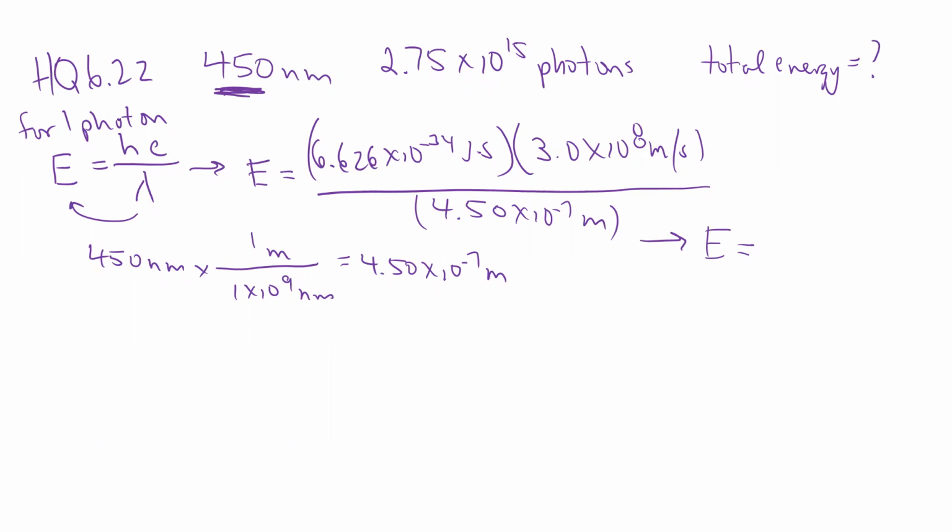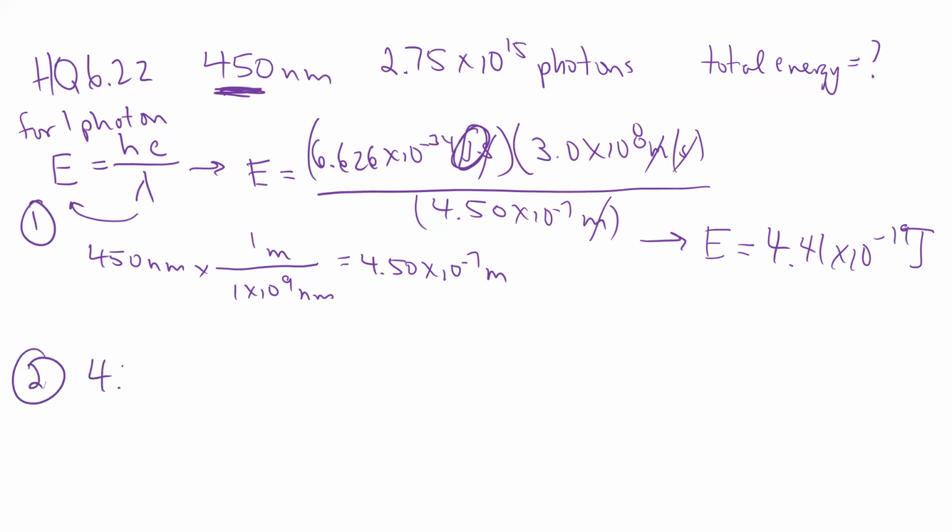The energy for one photon is 4.41 times 10 to the minus 19 joules, because when we multiply, seconds cancel out, and when we divide, meters cancel out. The only unit that's left is joules. That's the energy for one photon, so 4.41 times 10 to the minus 19 joules per photon.